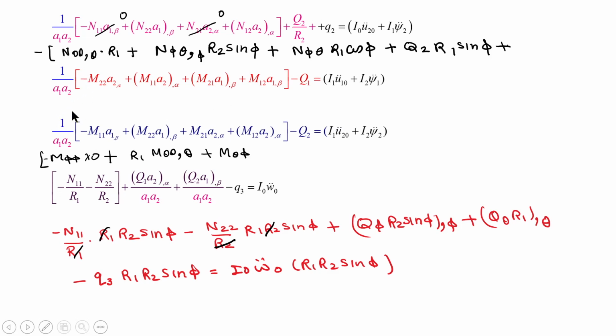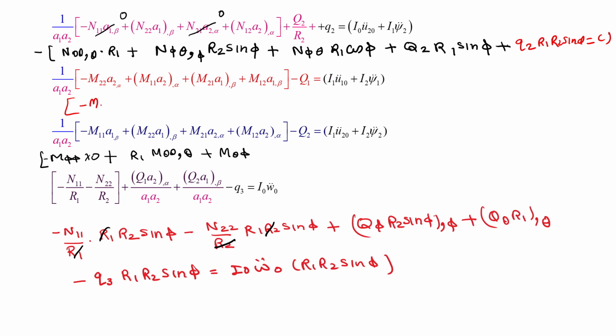So, I would like to say that q2 by r2 plus q2 r1 r2 sin phi plus some dynamic terms. Again here a2 comma alpha, so it will exist.